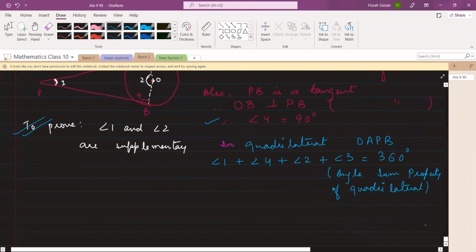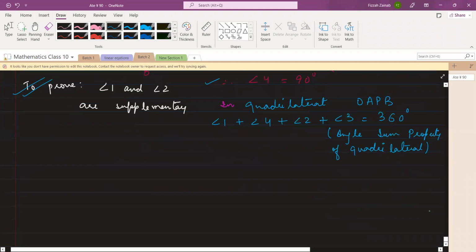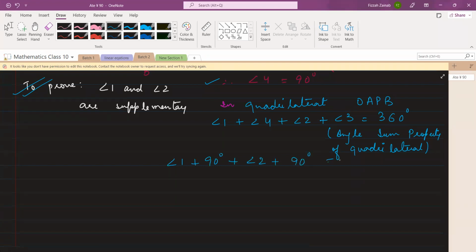Right? Now angle 3 and 4 are 90 degrees. So you can put here angle 1 plus 90 plus angle 2 plus 90 is equal to 360 degrees.